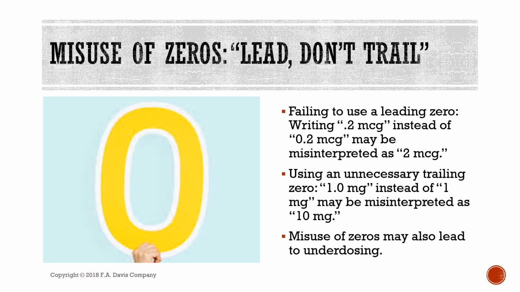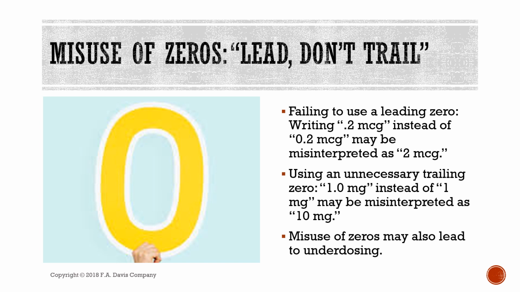Misuse of zeros. You always want to lead with zeros, but you do not want to trail with zeros. This could result in underdosing or overdosing your patient. So if you fail to use a leading zero, or if a physician fails to use a leading zero, then it may cause overdosing. For example, writing .2 micrograms instead of 0.2 micrograms may be misinterpreted as 2 micrograms.